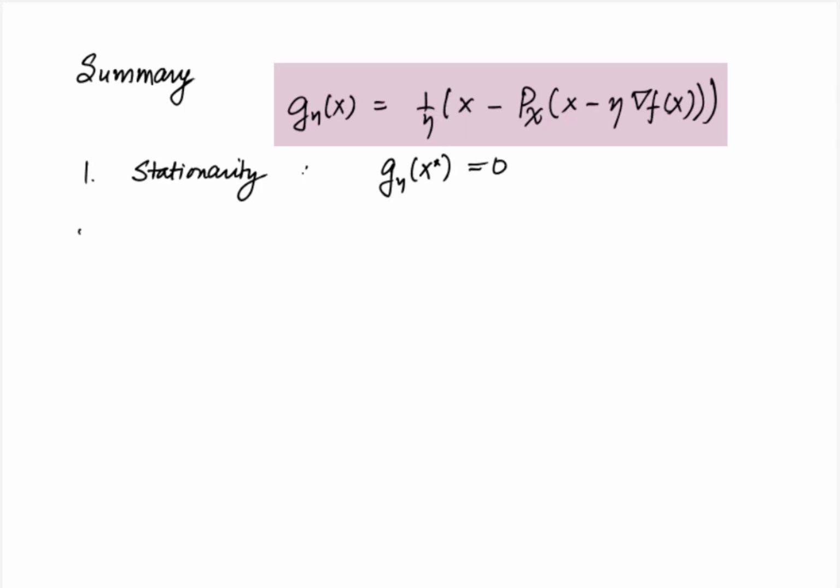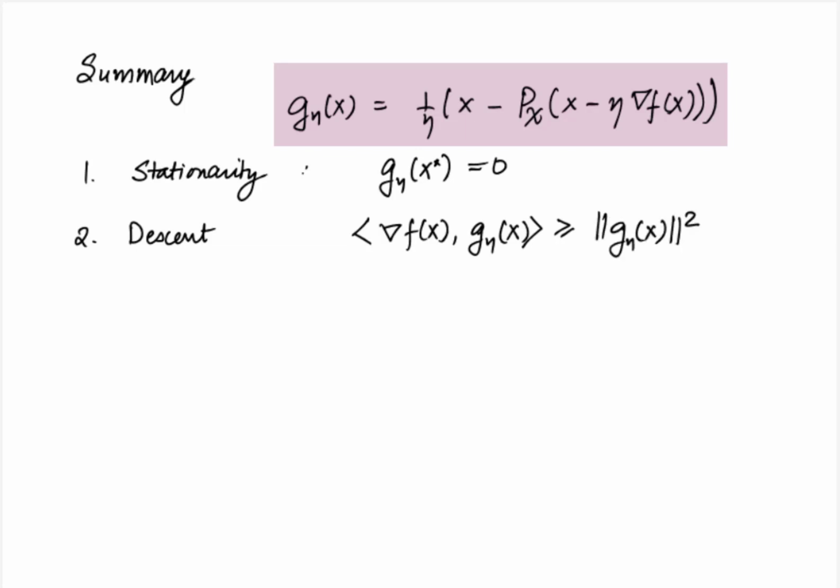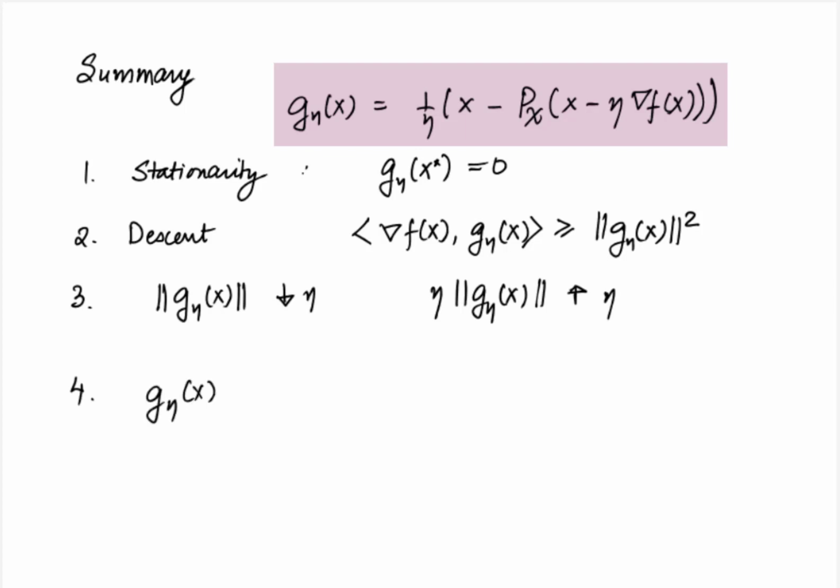Then we have the descent property, which is that minus g eta of x is a descent direction, or inner product of gradient f of x comma g eta of x is greater than or equal to norm square of g eta of x. Then we had that norm of g eta of x is a decreasing function of eta, while eta times norm of g eta of x is an increasing function of eta. Then we had that g eta of x is Lipschitz continuous with parameter 2 by eta plus L.